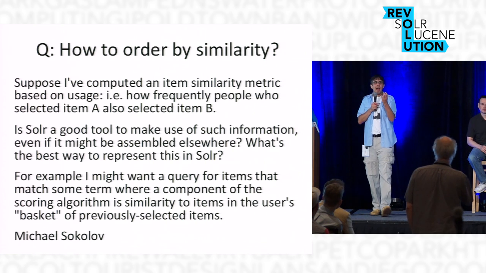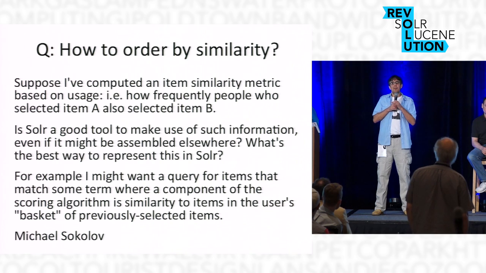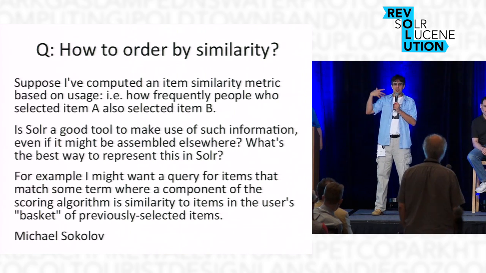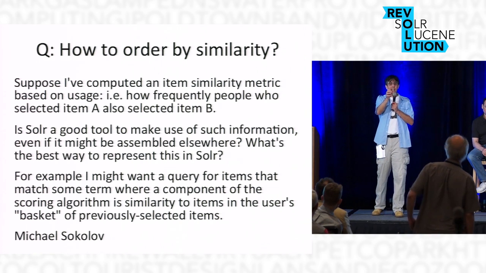So if you have the data on the user, and you know what they like, one thing you can definitely do is have a custom query plugin that, assuming you get that information from somewhere, in some data store or sent as part of the request, knows what the user likes in terms of document IDs.